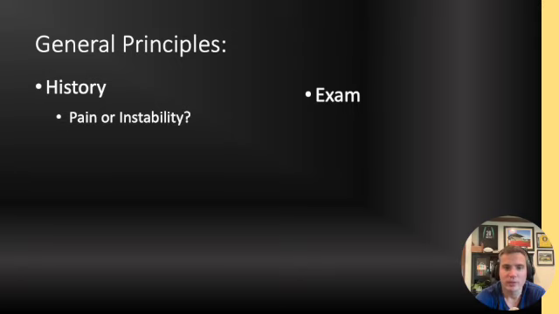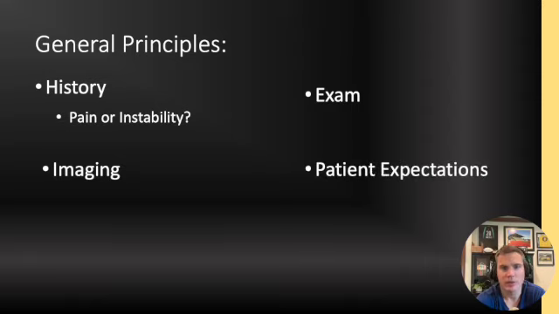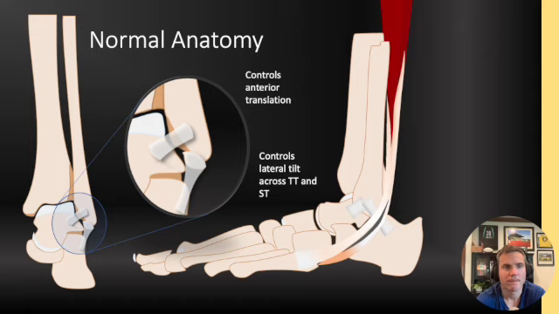Or even just anterior process fractures of the calcaneus. Sorting those things out can be really helpful. And then imaging, so working through the x-rays, working through the MRI, and then patient expectations, always making sure you understand what they're trying to get back to, what their limitations currently are.